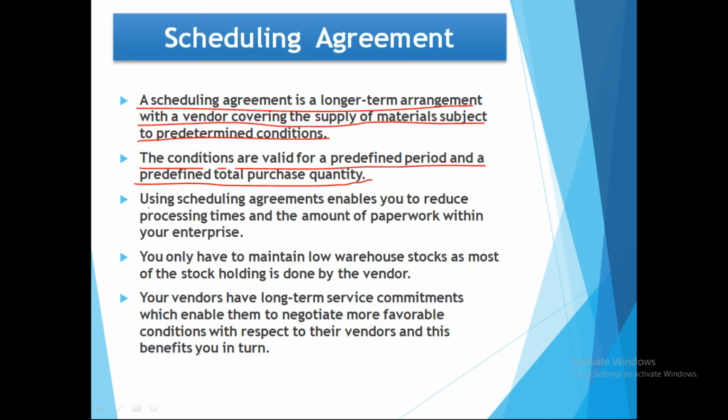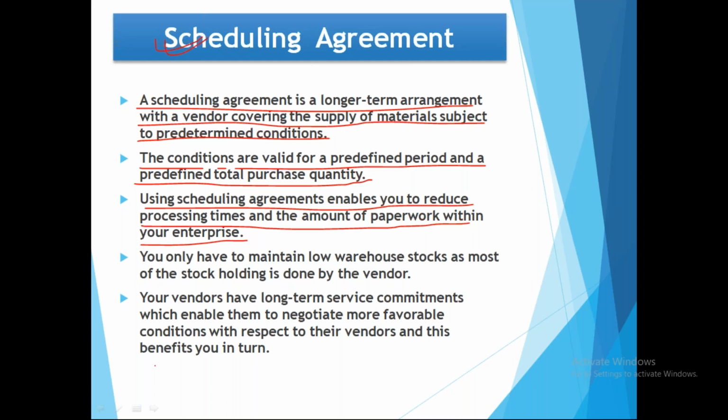Using scheduling agreements enables you to reduce processing times and the amount of paperwork within your enterprise. So you know how much quantity you need on which date. That exact quantity and date on which he has to deliver, you will put in the scheduling agreement.